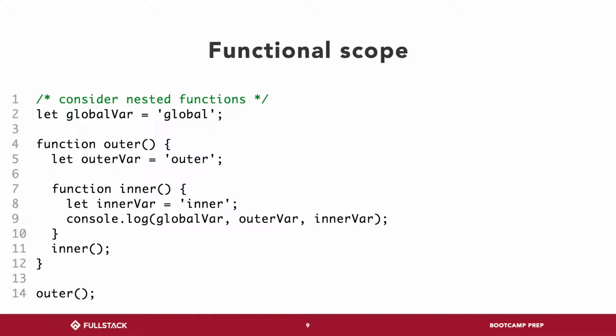We're setting inner var to be inner, and then we're logging global var, outer var, and inner var. Does anyone know what this would log? Global var? Yep. And then outer var? Yep. And then inner var? Yep. You have access to everything outside. So perfect, this would log global, outer, and inner.